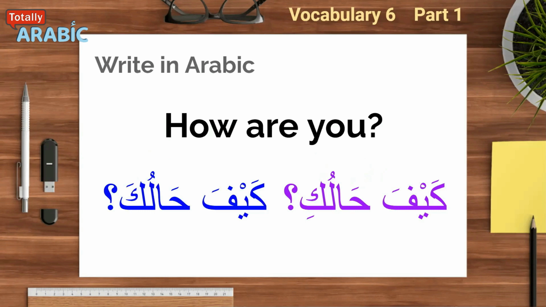The only difference is the حركة of the last letter. كيف حالك in purple for the feminine with كسرة, and كيف حالك for the masculine in blue.